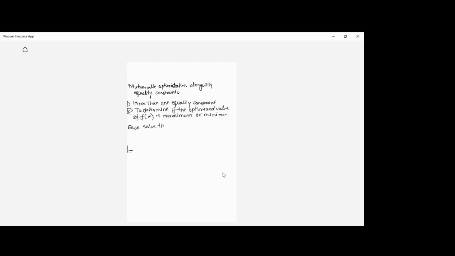So the question is: solve the non-linear programming problem. Optimize z is equal to 4x1 square plus 2x2 square plus x3 square minus 4x1x2, subject to constraints x1 plus x2 plus x3 is equal to 15.